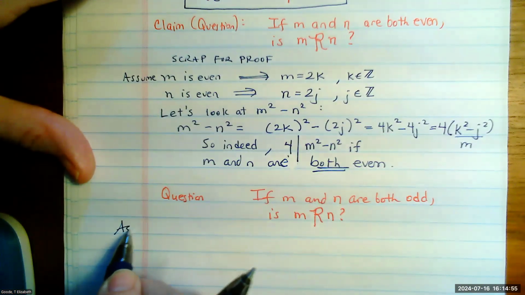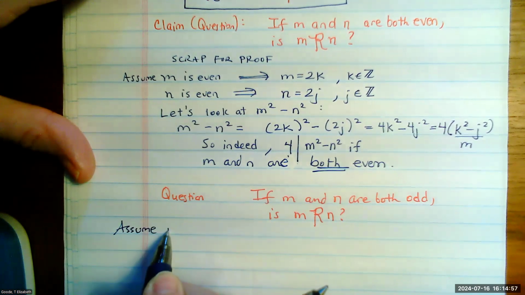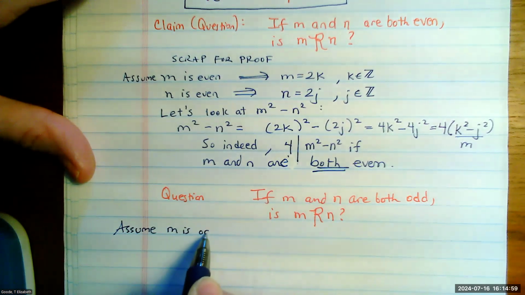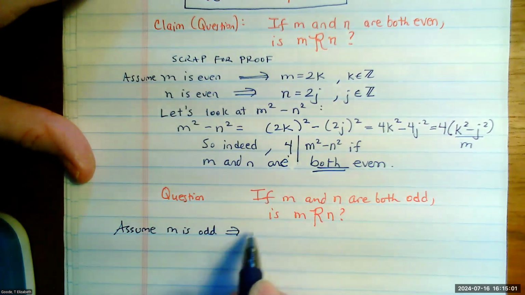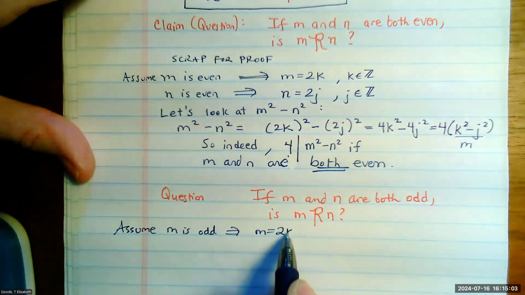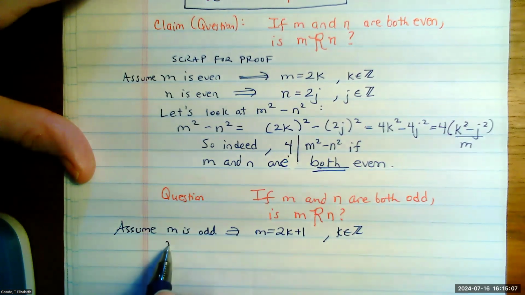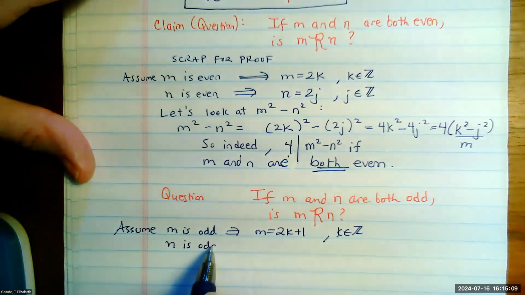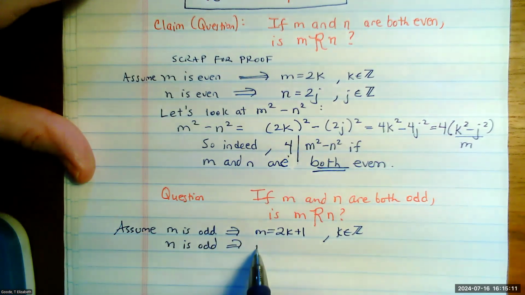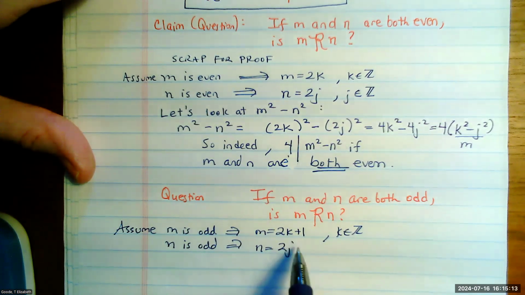So if we assume M is odd, then M is equal to 2K plus 1. And if N is odd, we can certainly say N is equal to 2J plus 1.